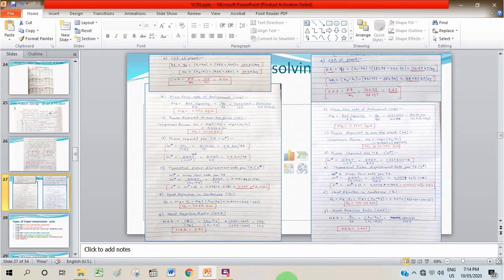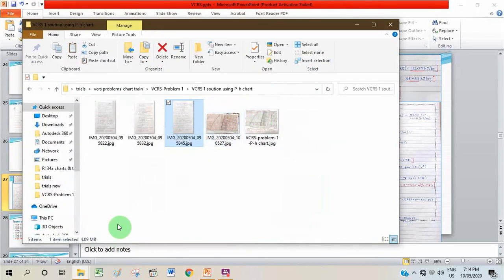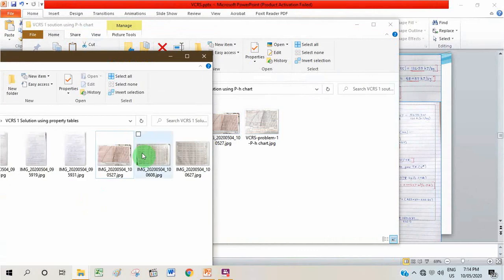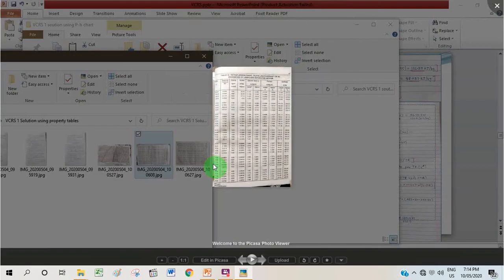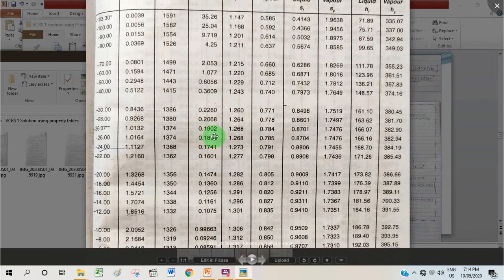But now look at the tables. Here you obtain very highly precise values, up to 4 decimal points are available. That's the big difference, and that's why we get some deviation in the solution.